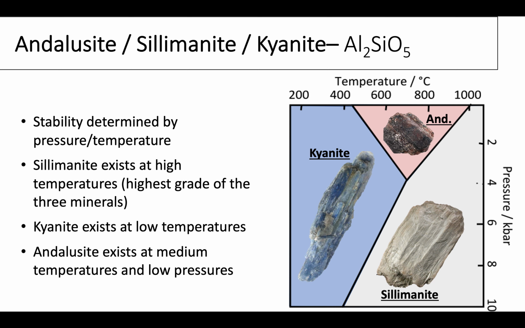We've got temperature on the x-axis increasing to the right, and then pressure on the y-axis increasing downwards. So that's simulating depth in the earth, so you can imagine if you're a little person standing on the surface, as you go deeper and deeper into the earth, you're going to get to these deeper stability fields. And so what we see here is that sillimanite is the high temperature polymorph of Al2SiO5.